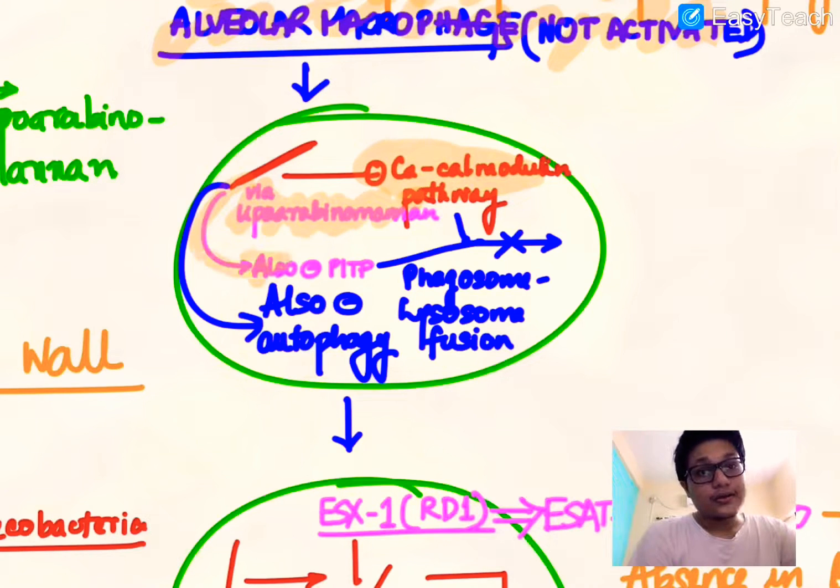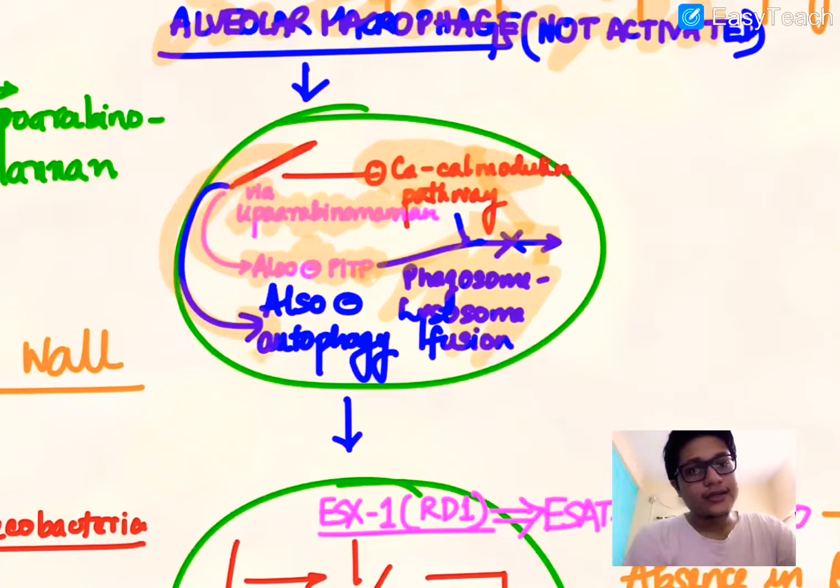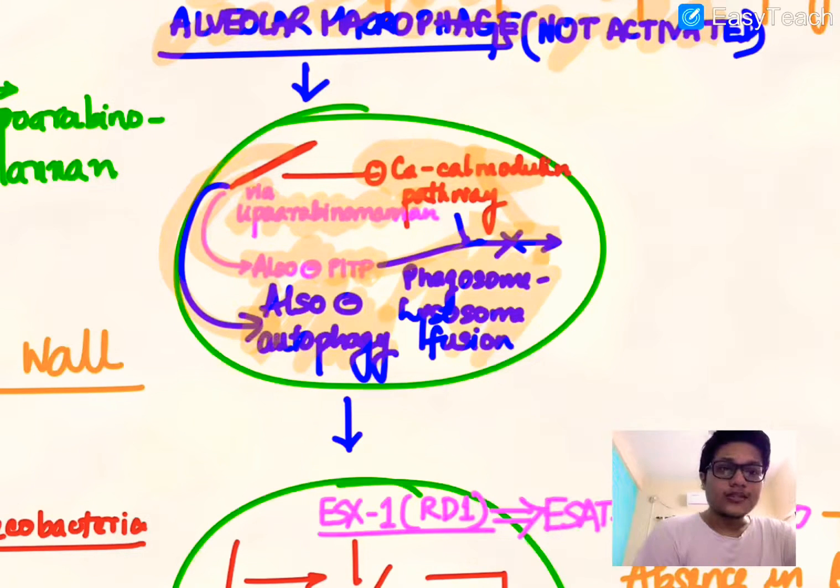It will also inhibit production of phosphatidylinositol triphosphate, and as a result of these two things, there will be inhibition of phagosome-lysosome fusion. The bacilli will also inhibit autophagy. So a combination of these three factors will ultimately lead to promotion of survival of the bacilli inside the macrophage.